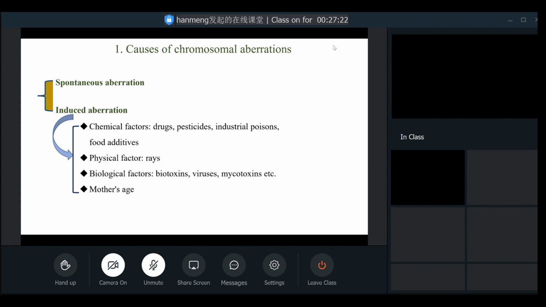The spontaneous aberration rate is also very, very rare, but it exists in our daily life.